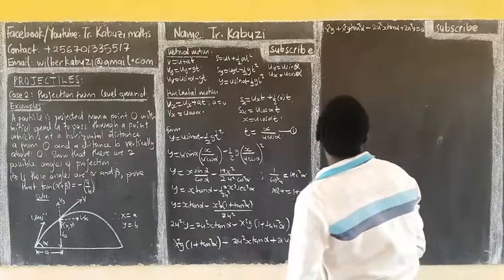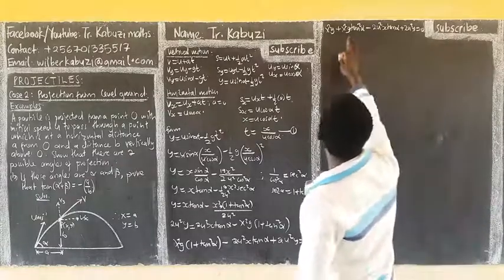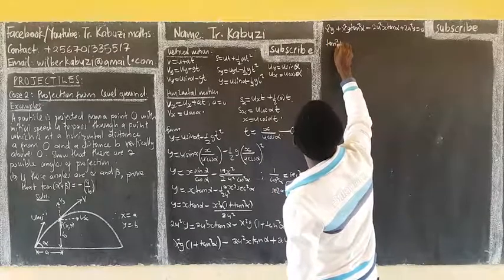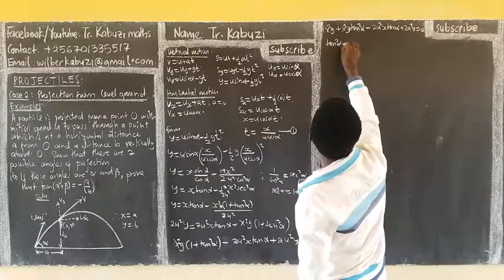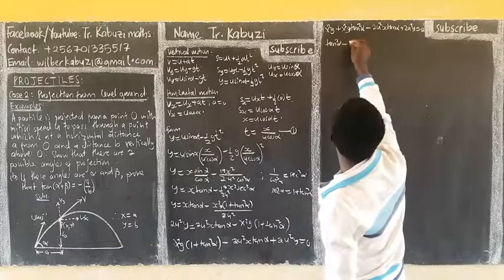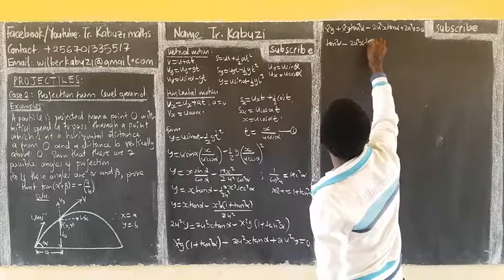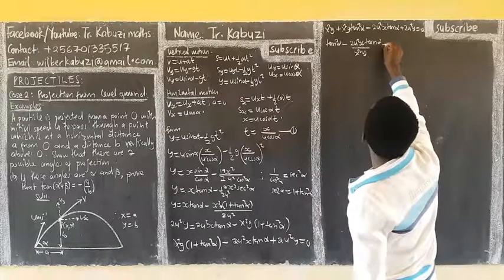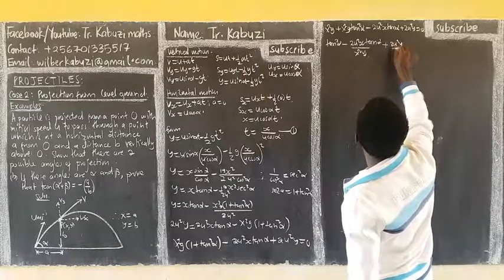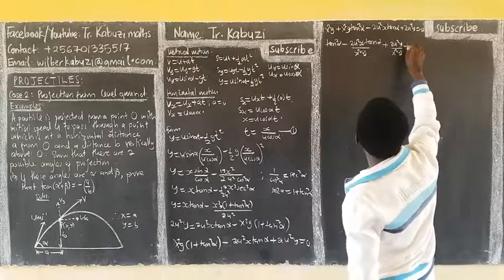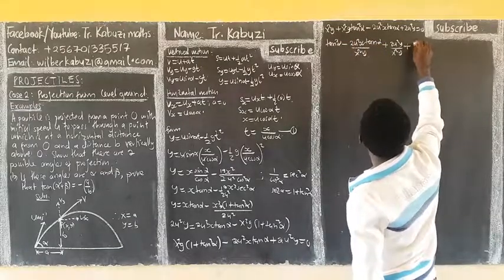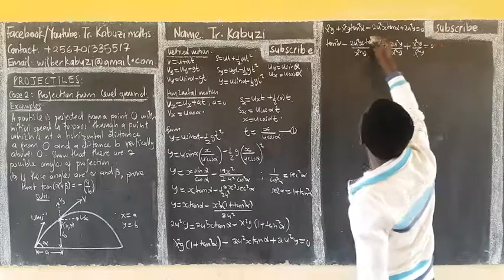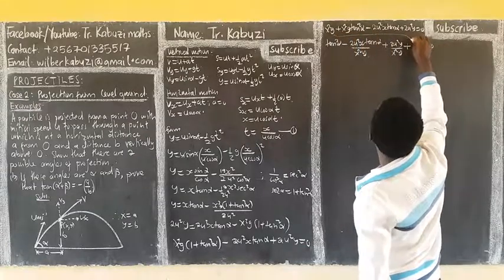So if we divide it through by this, I'll have tan squared alpha, then minus 2u squared x tan alpha over x squared b, then plus 2u squared y over x squared b, then plus x squared b over x squared b equaling 0. We have brought this here.